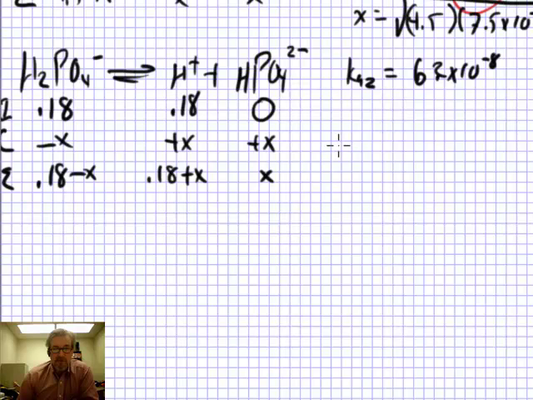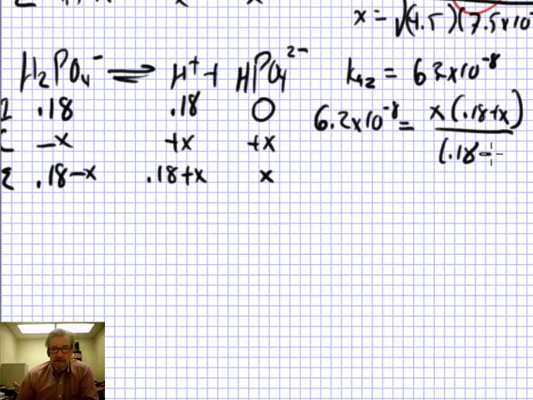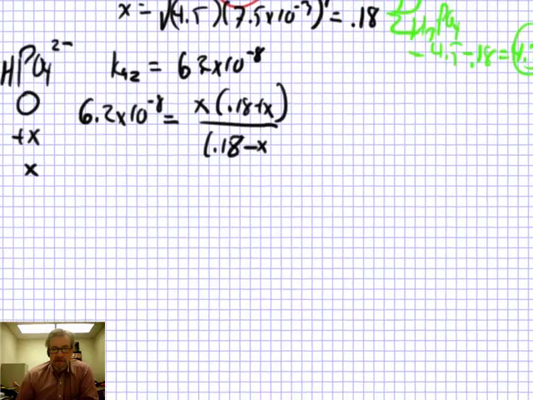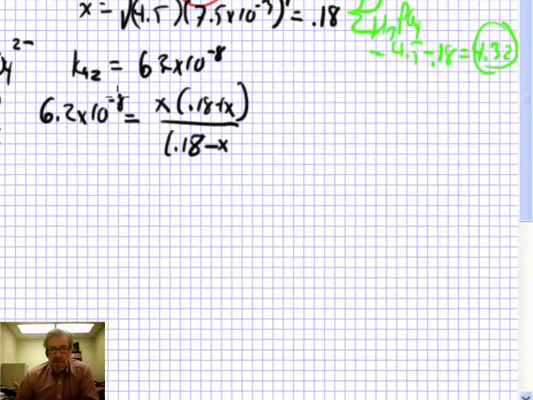So Ka2, which is 6.2 times 10 to the minus 8th, is going to be equal to x times 0.18 plus x divided by 0.18 minus x. Now 10 to the minus 8th is even smaller than 10 to the minus third, so it's probably going to be okay to assume that both in the numerator and the denominator, the x's that are added to 0.18 can be ignored.